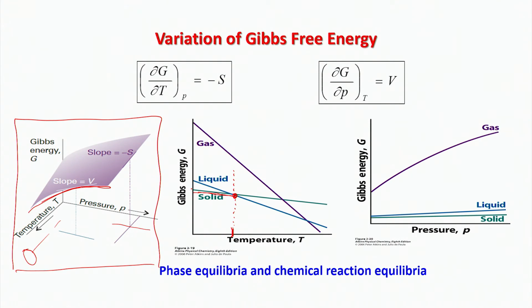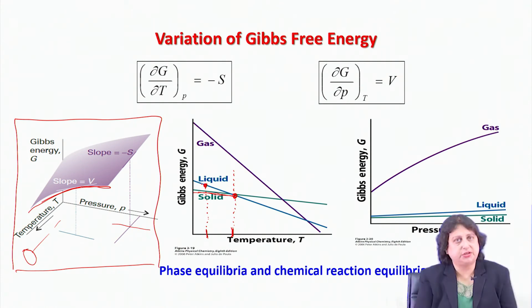Now, if somehow you prepare the liquid phase at a temperature like this, so this is just like the creation of supercooled liquid. In that case, what would be the direction of spontaneous change in state for this supercooled liquid?